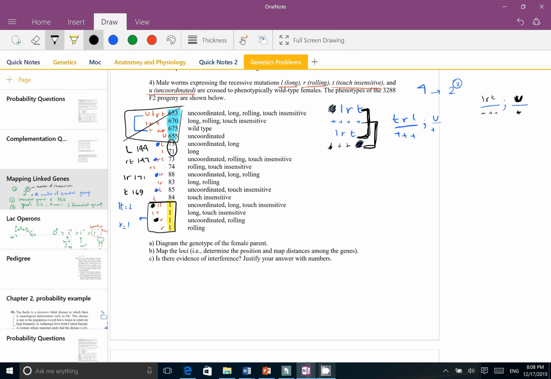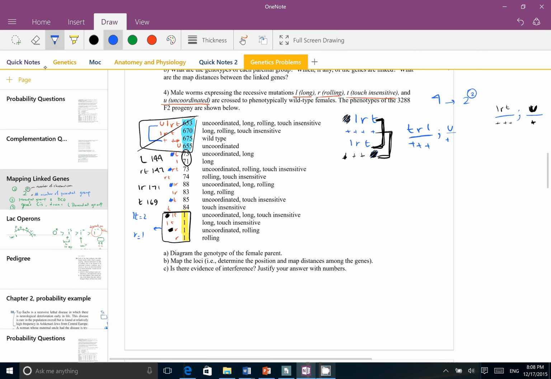Okay, and then I know that these are together for one single crossover, and these are together for one single crossover. Perfect. And then I know that these are my double crossover, and I have all the numbers. Yay. So I figured that out. And then how do I know which single crossover represents which distance? So I already have this TRL, plus, plus, plus.